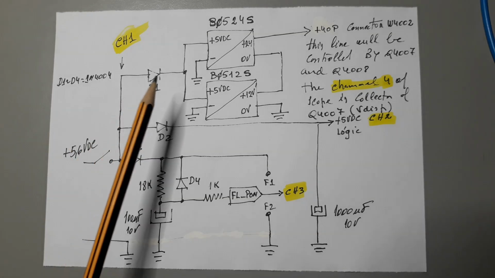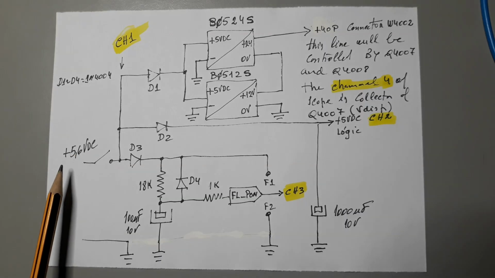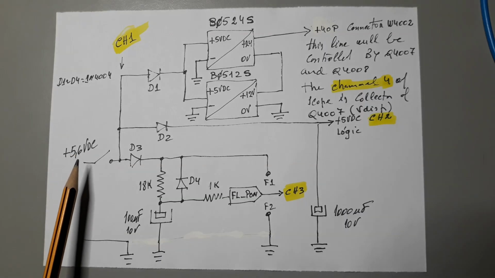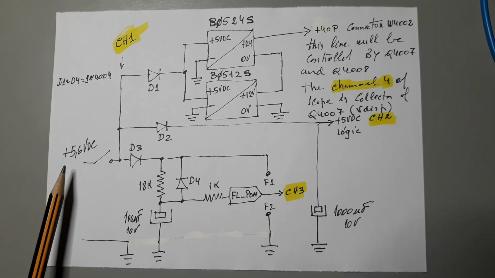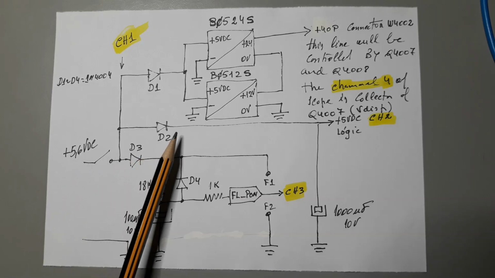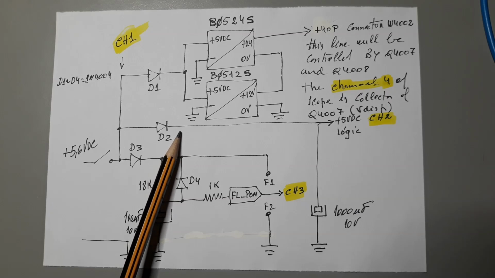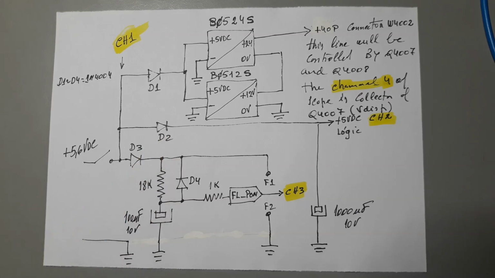And to avoid this difference, I apply to the input 5.6 volts DC, okay? It's not necessary to do it with these values exactly, but you need to keep in mind that if you apply 5 volts to the input, you only have 4.3 volts here, okay? The circuit works okay, but it's necessary to take it into account.